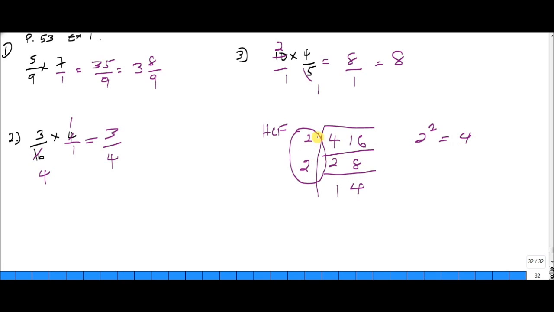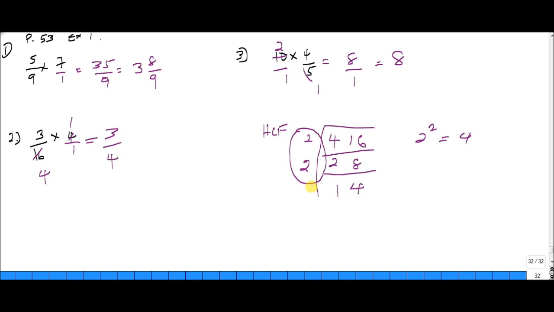Remember, this is different from finding the LCM. LCM we will continue, but when we're finding the highest common factor of both, we only use the numbers that can go into both sets of numbers until it can't go anymore into both sets. Okay, for LCM we would continue using the 2, because 2 could go into 4, but it can't go into 1.